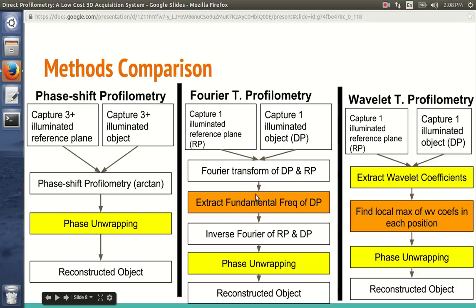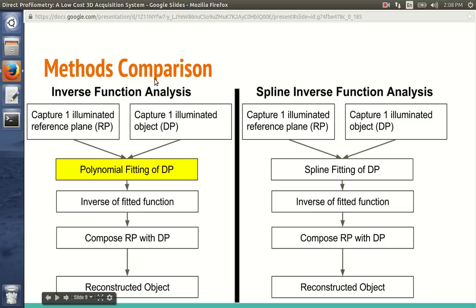Okay, next for inverse function analysis, we capture one illuminated reference plane and also one illuminated object, and we do polynomial fitting of the deformed pattern, then the inverse of the fitted function composes the reference plane with the deformed pattern, and then we reconstruct.